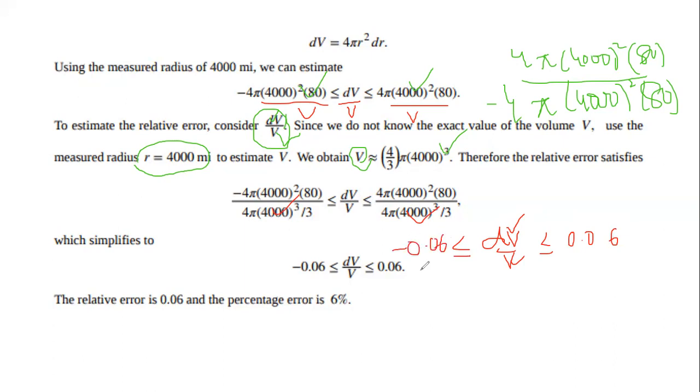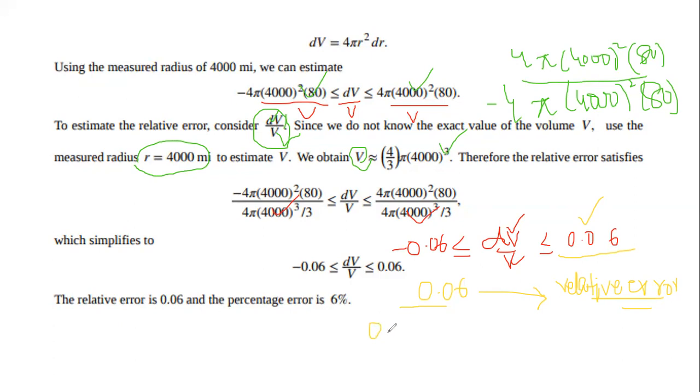Okay, so the relative error is this one. I will take the positive value, so it is 0.06. So 0.06 is the relative error. Okay, so this is the first part, to find the relative error. Now I have to find the percentage error.